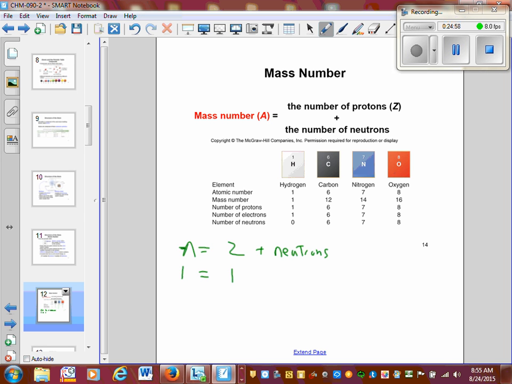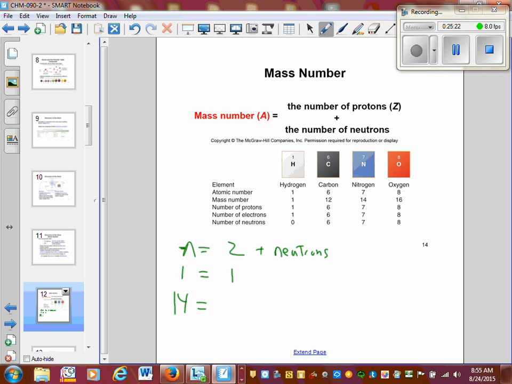If we look at, let's go up to nitrogen, the mass number is 14. A is 14. The atomic number is 7.